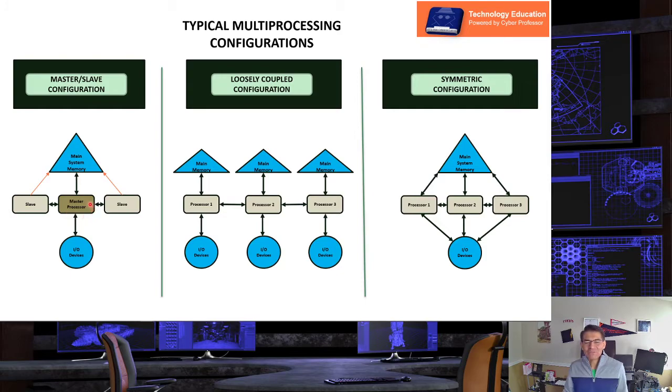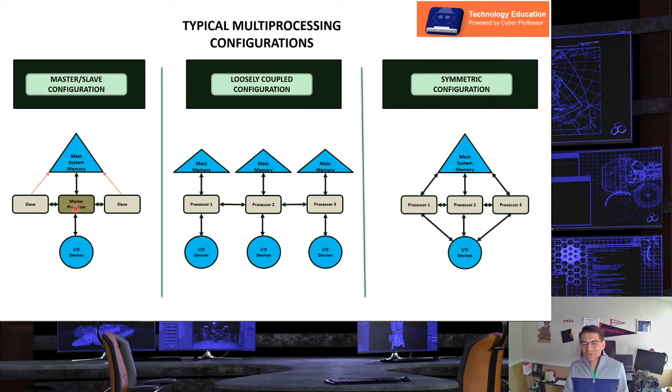Okay, so this master processor is the one taking all the instructions from main system memory. Everything that is loaded into main system memory comes to the master processor first, and the master processor is the one given the responsibility of utilizing the slave processors that are depicted on each side of the master processor in this picture.